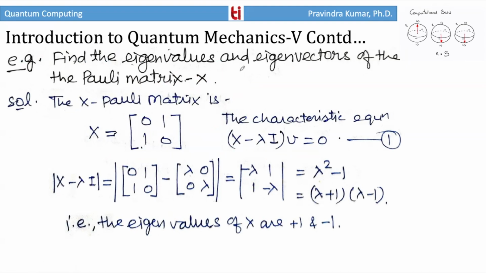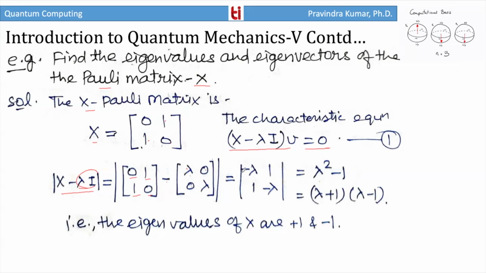Now consider one example. Find the eigenvalues and eigenvectors of the Pauli matrix X. You know the Pauli matrix X is the matrix with elements 0, 1, 1, 0. Now the characteristic equation we can write as determinant of X minus lambda I equal to 0. So X minus lambda I is the matrix 0, 1, 1, 0 minus lambda times the identity, which is lambda 0, 0 lambda.